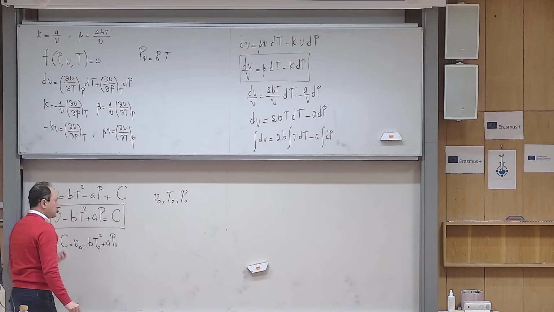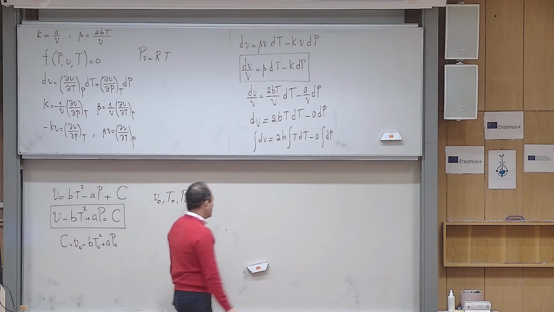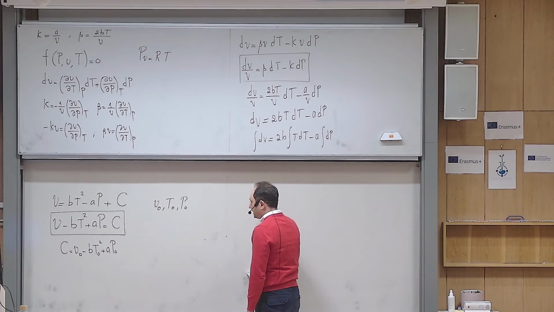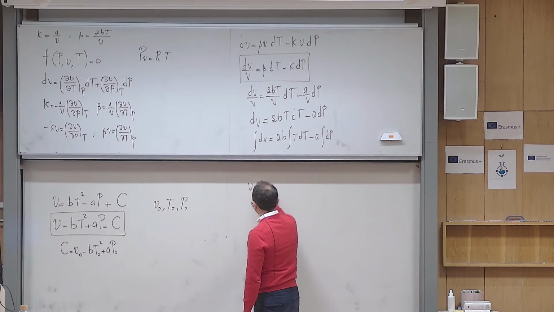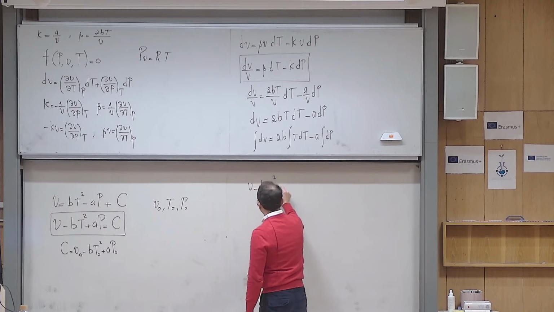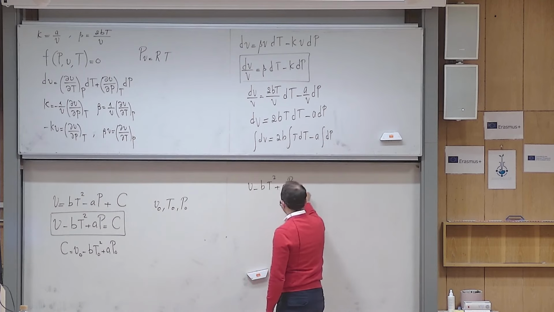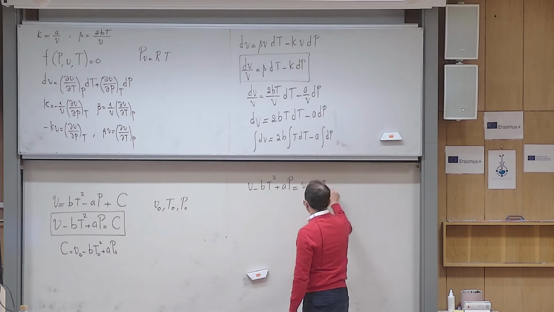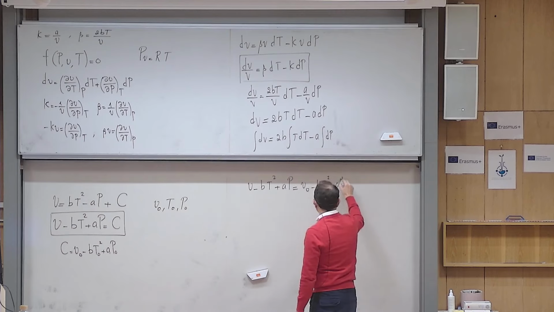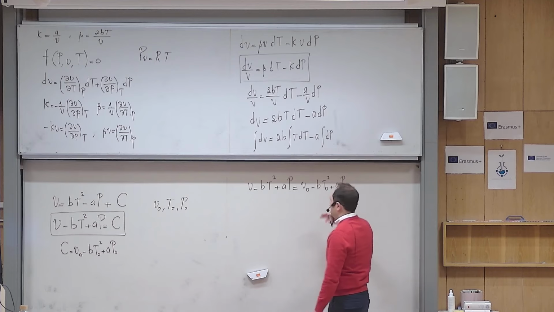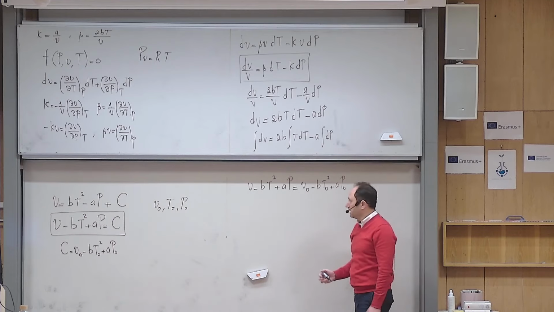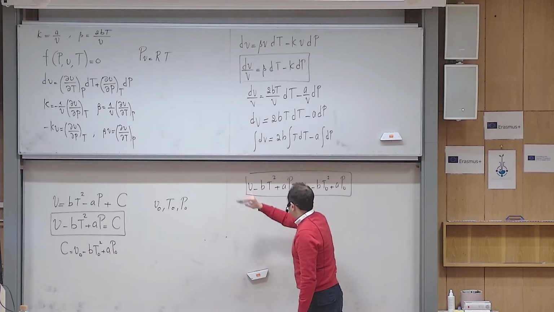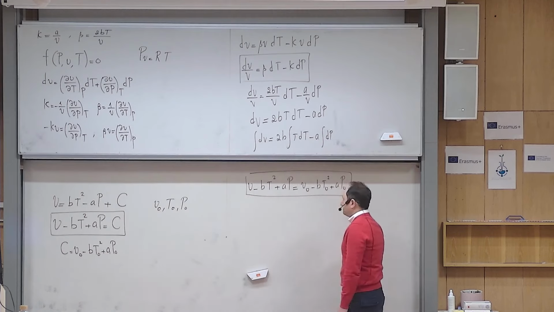Yes? So in principle, if you ask me what the equation of state for this hypothetical substance is, I would say that V minus bT squared plus aP equals V naught minus bT naught squared plus aP naught. So these are quantities for a reference equilibrium state, and the whole thing is the equation of state for my system.